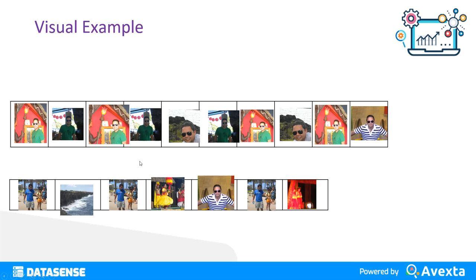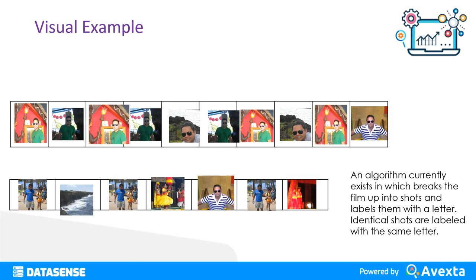Remember that we said an algorithm currently exists that breaks the film up into shots and labels them with a letter, and identical shots are labeled with the same letter. It helps to visualize this and actually draw little pictures, because if I just gave you this text to solve, it would probably take you a while.